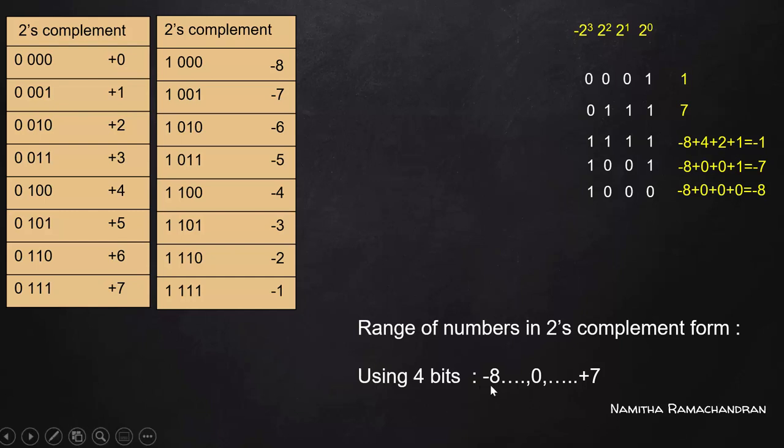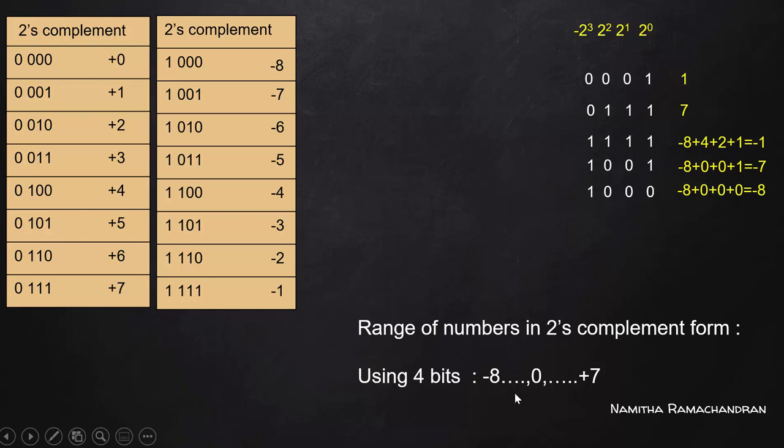That is why we can represent one more negative number, that is this minus 8, with values ranging from minus 8 to plus 7. This is the second advantage of this 2's complement representation. We can represent more numbers than 1's complement and signed magnitude representation. So usually our digital systems prefer this 2's complement representation for storing signed numbers.